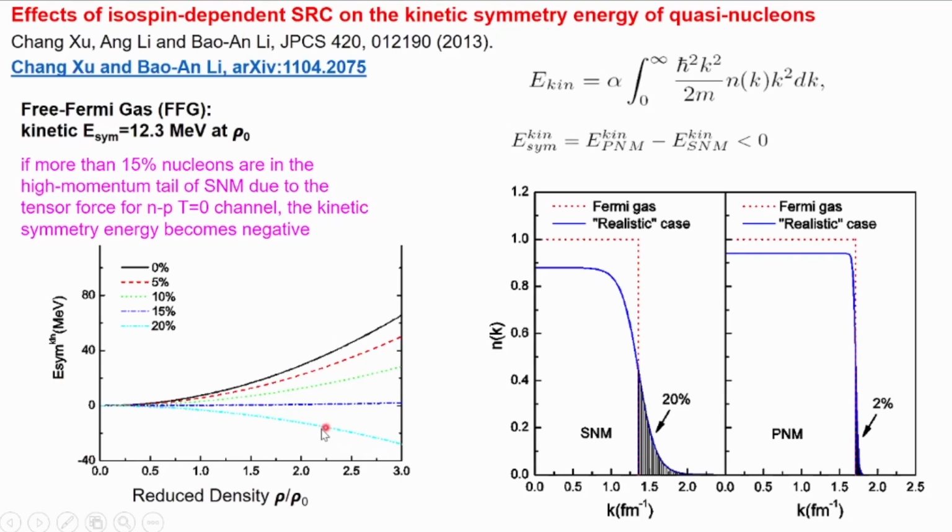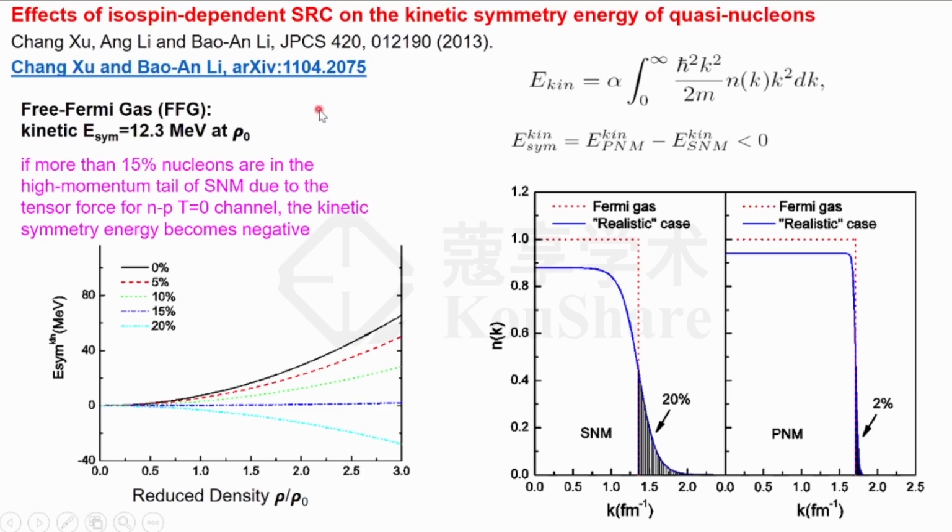Now we tried to get this paper published. Several referees don't believe the kinetic symmetry energy can become negative, so they rejected our paper. We put it in a conference proceeding, but this proceeding paper has been cited more than 45 times so far.